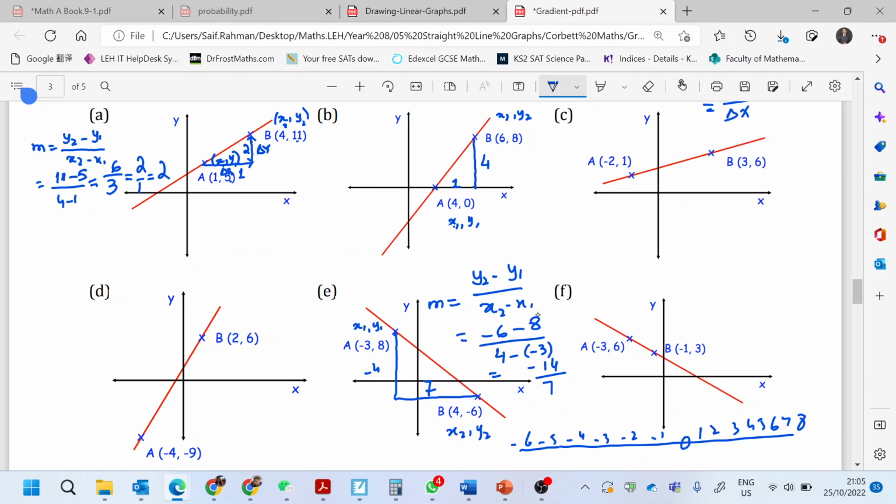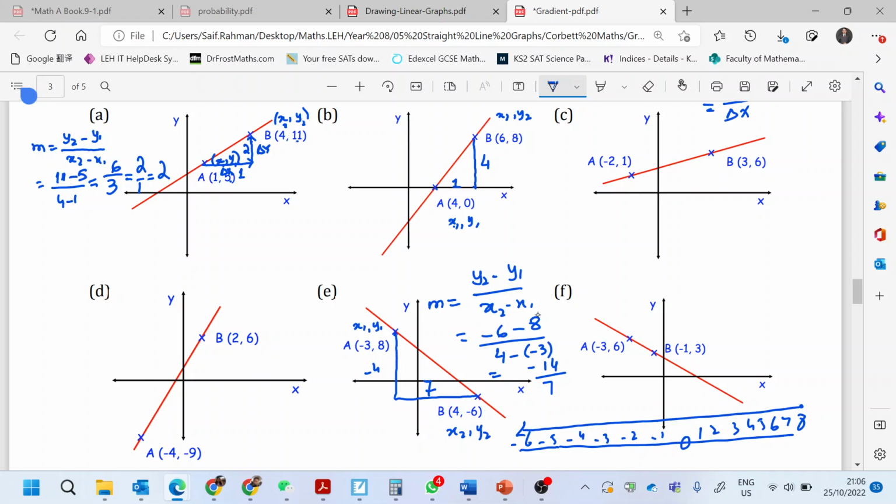From this point, on the y-axis it is coming from 8 to minus 6. If you count these numbers, 1, 2, 3, up to 14, there are 14 numbers. So minus 6 minus 8 gives you 14 numbers.